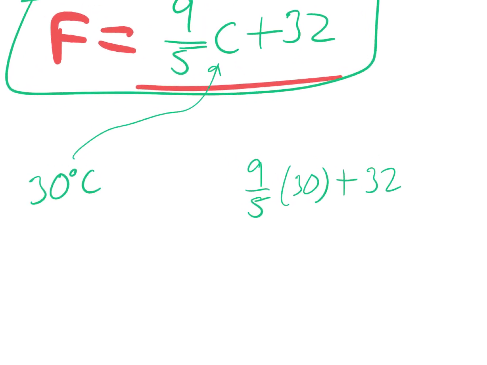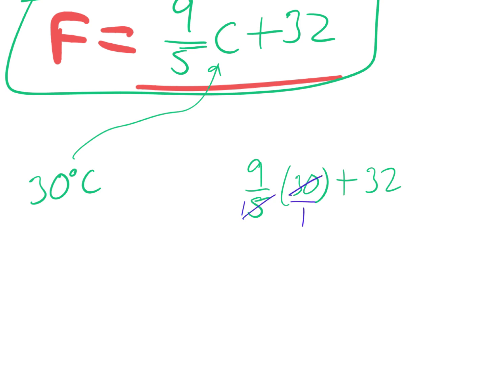Multiplying fractions and whole numbers, we can simplify 30 and 5. 30 is the same as 30 divided by 1, so we can cross cancel here. If 9 over 5 is being multiplied by 30 over 1, 9 over 5 can't simplify, but 5 and 30 can, and you can divide both of these by 5.